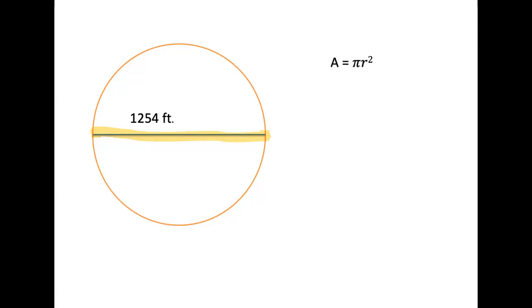In order to do that, we're going to plug in what we know into this formula. Area is equal to pi times the radius squared. Now, 1,254 feet is not the radius, that's the diameter. So to find the radius from the center to a point on the circle, we need to take half of that 1,254.